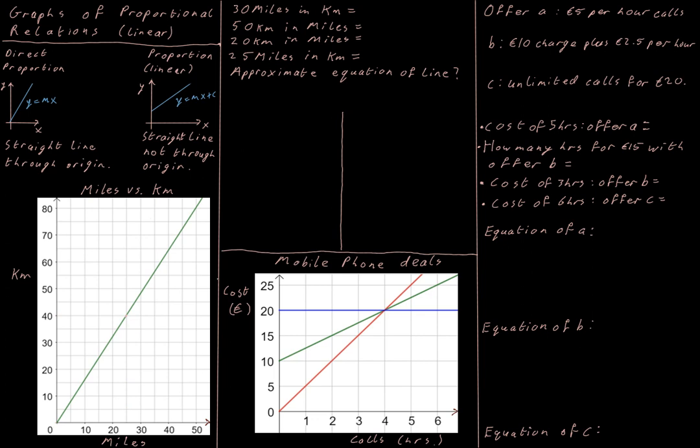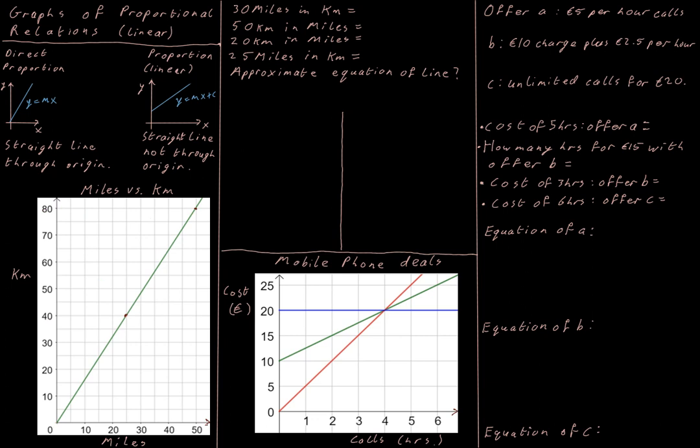So that point there, 25 miles and 40 kilometers, is roughly on the green line, and 50 miles and 80 kilometers was roughly on the green line. So 25 miles gives me 40 kilometers, and 50 miles gives me 80 kilometers.